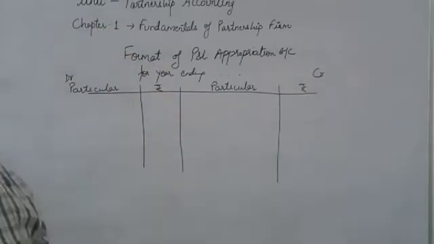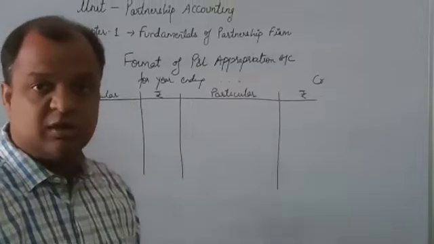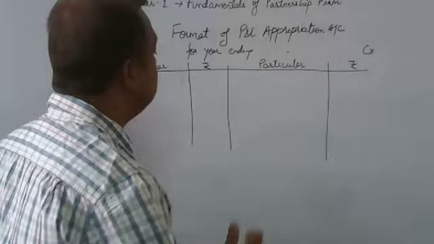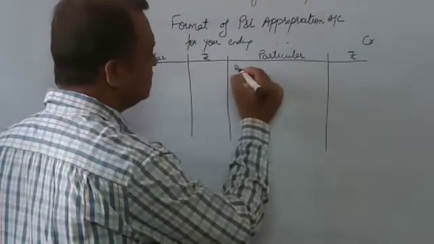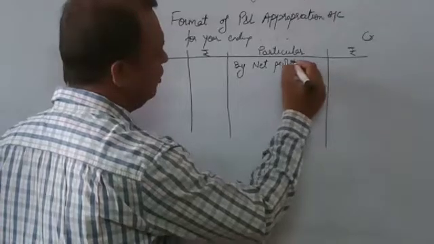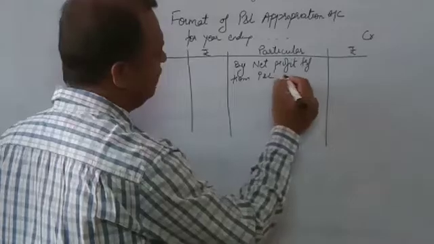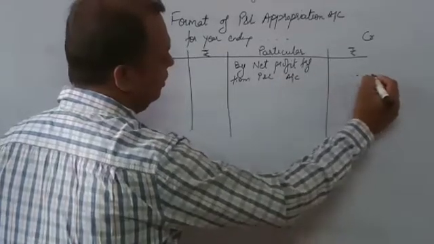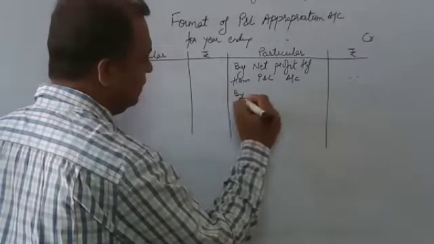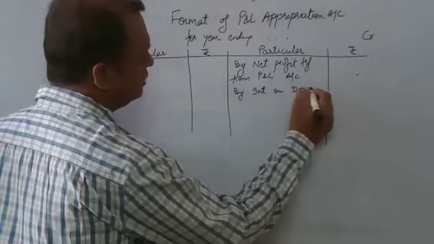The P&L appropriation account is a nominal account which records the income and expense of a business firm distributed among the partners. So on the credit side, the first item will be by net profit, which is being transferred from the profit and loss account. Okay. On the credit side, this is by interest on drawings.